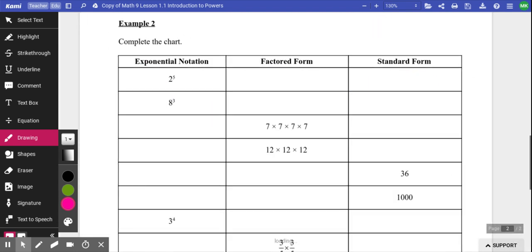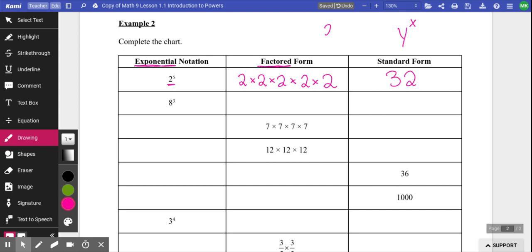It would be 2 times 2 5 times, or 2 to the power of 5. So if you know how to use the exponents in your calculator, you can do it that way. Typically, on these calculators, you'll have a button that says y to the power of x, and that's your exponent button.